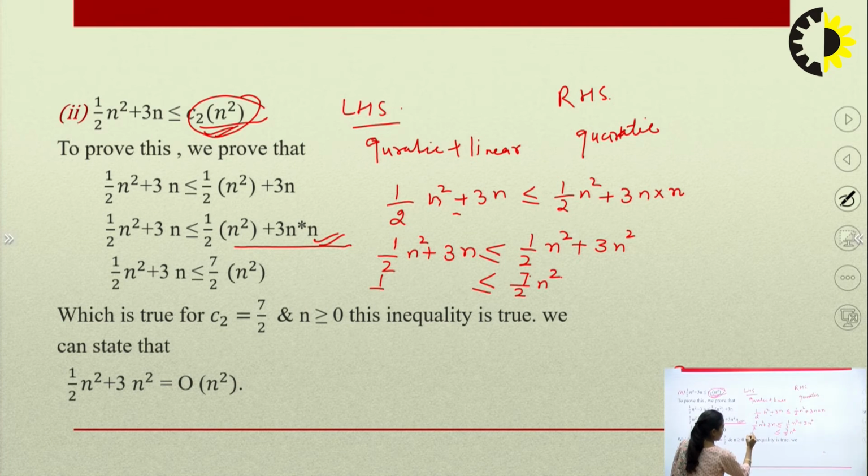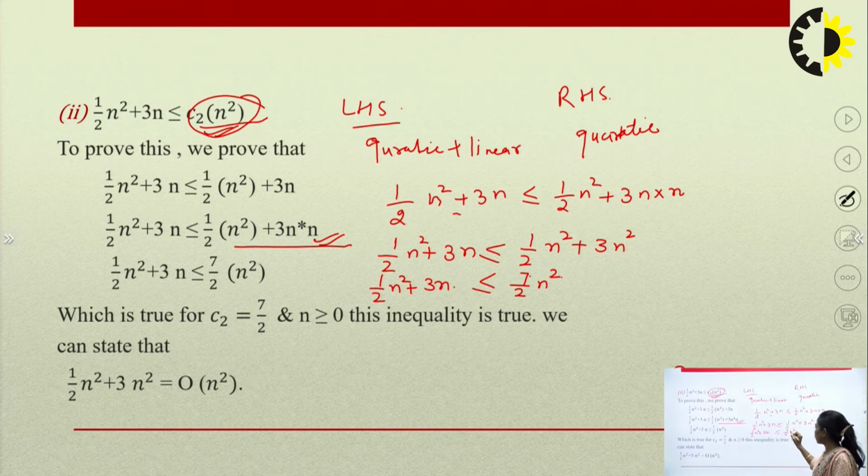So the inequality is 1 by half n square plus 3n less than or equal to 7 by 2 of n square. Now what is the value of C2? With the help of this we get the C2 value as 7 by 2.